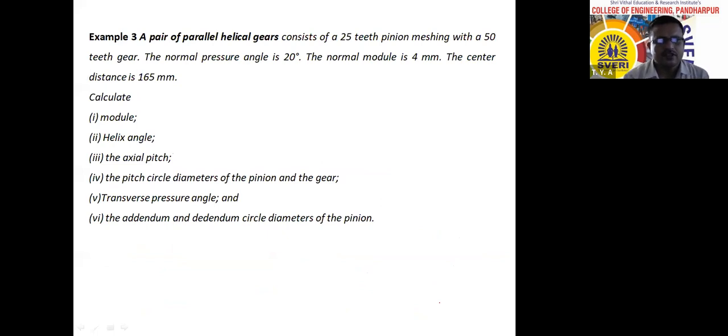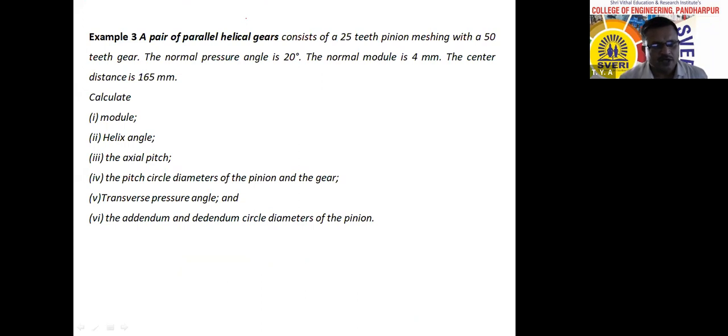Okay, solve this next problem. We'll solve this. Let's all solve it together. First of all, write down the problem. A pair of parallel helical gears consists of a 25 teeth pinion meshing with a 50 teeth gear. The normal pressure angle is 20 degree. The normal module is 4 mm. The center distance is 165 mm.